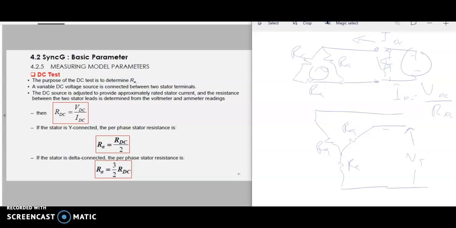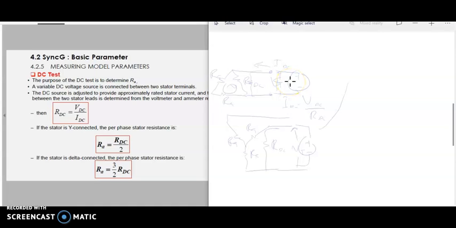So we have to calculate the total R between the terminals where we put the DC, on this Y connected circuit and on the delta circuit. What is the RDC here and what is the RDC there? That is what we need to find first, then we can find the amount of current.